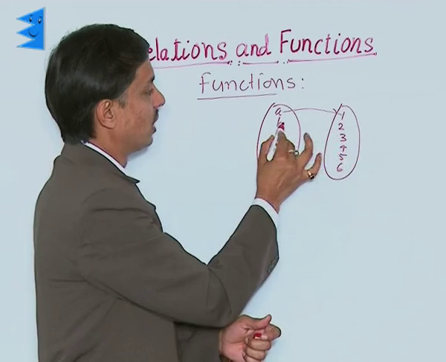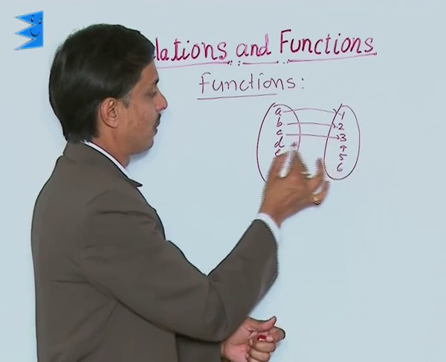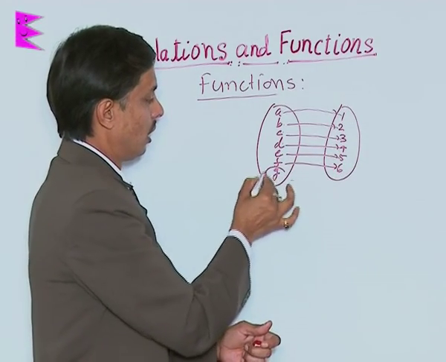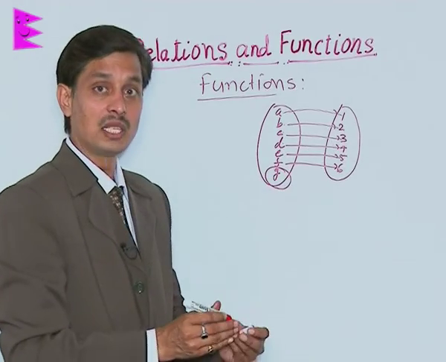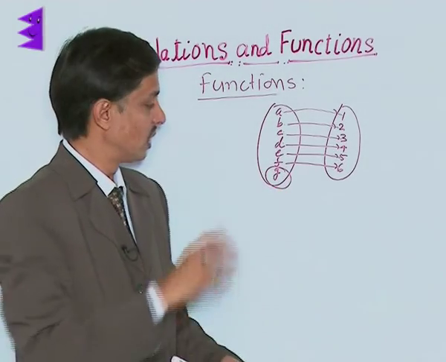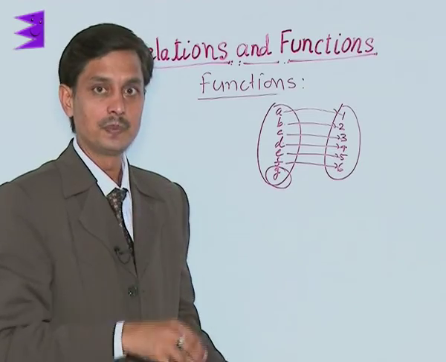A is with this, B with this, C is mapped by this, D, this is with E, F. There is no place for the last friend, G.